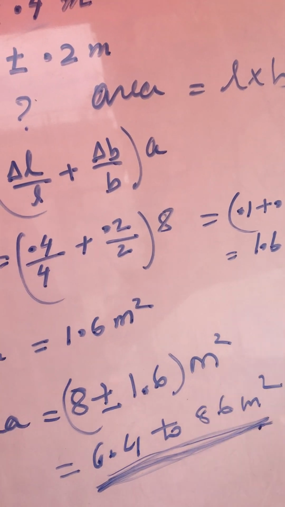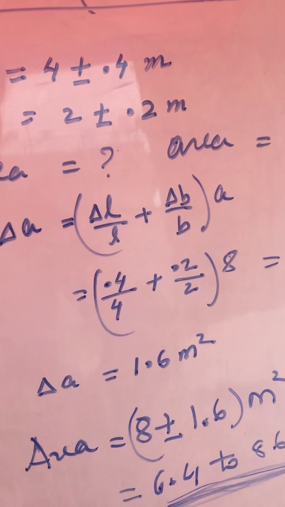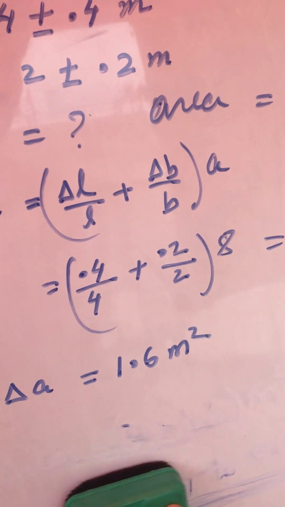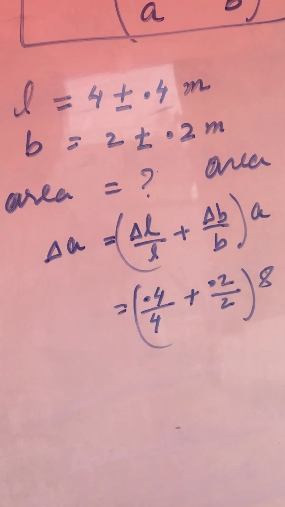All right, the same thing I can do in terms of percentage or relative error also. Absolute error is 1.6, right? Because error can be represented in terms of percentage also.